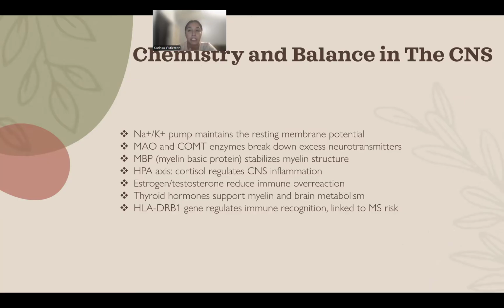Hormones also play a significant role. Cortisol from the HPA axis helps reduce inflammation, while estrogen and testosterone help regulate the immune system. Thyroid hormones support brain metabolism and promote myelin repair.